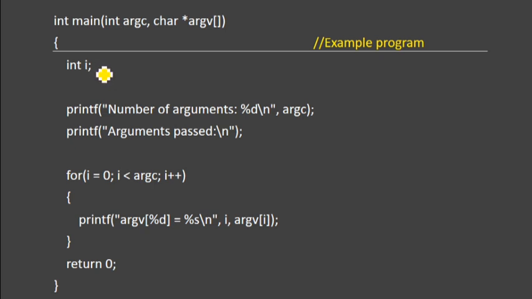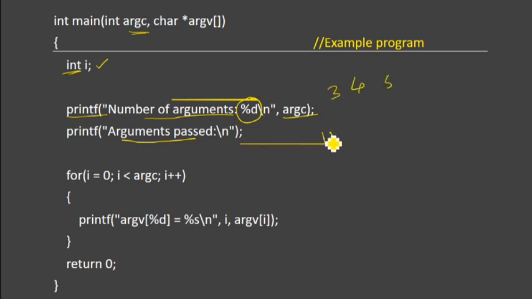So I am initializing i as an integer variable, and printing with printf the number of arguments, nothing but argc. By default, argc counts how many parameters you are passing to the current program from outside, that is, the command line prompt. Then printf argument passed. Because of percentage d, it will give us only a number like 4, 5 or 3. For example, I am passing how are you.